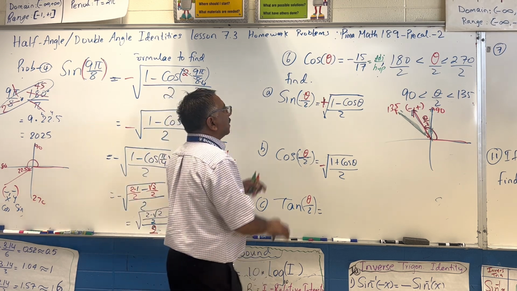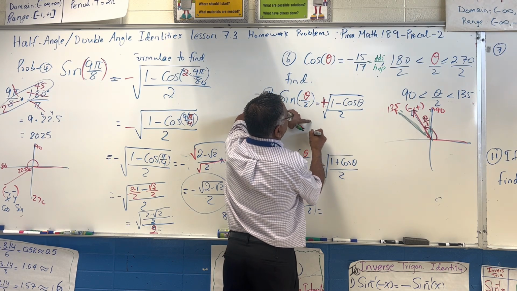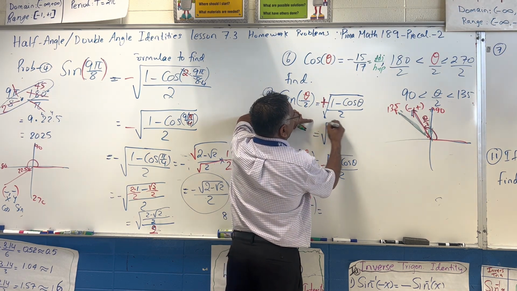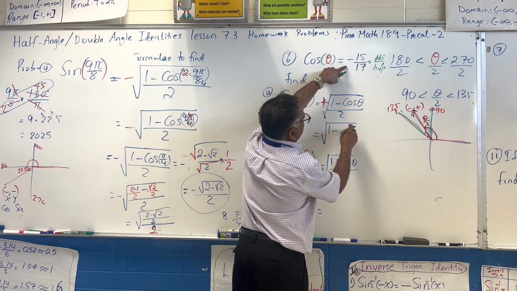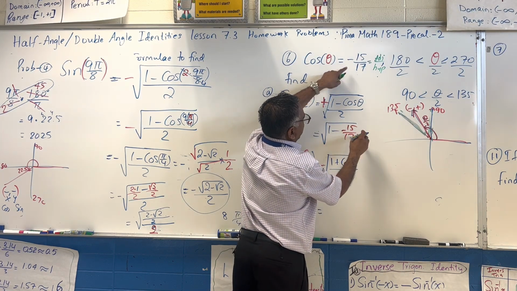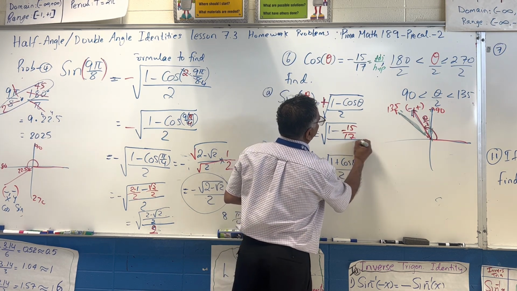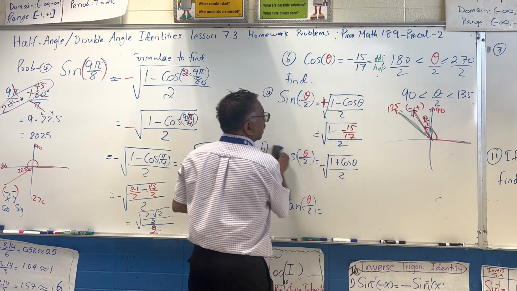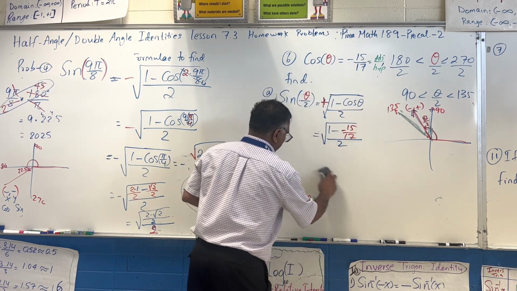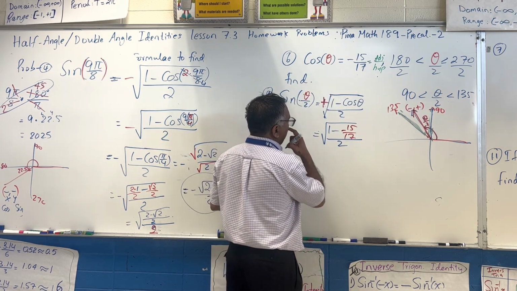So now what you do in the next part is very simple. This equals the square root of (1 minus cosine theta, which is minus 15 over 17) divided by 2. I'll clean this to make room.